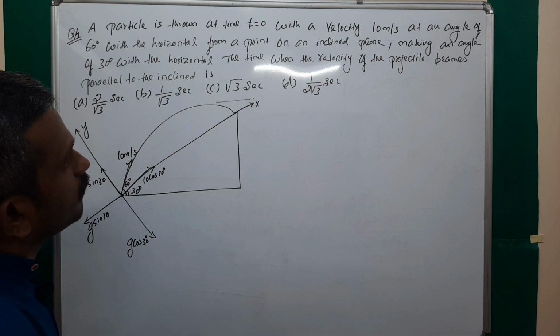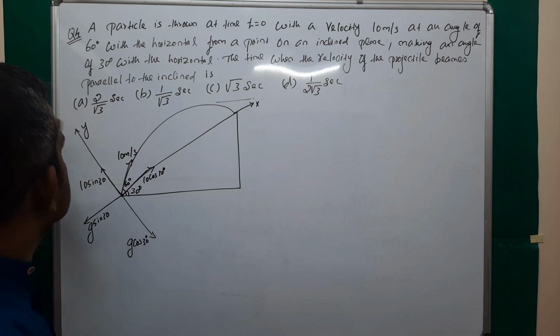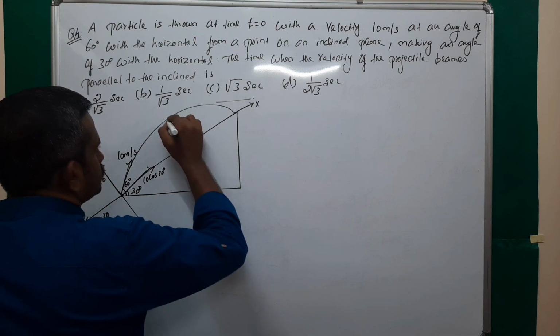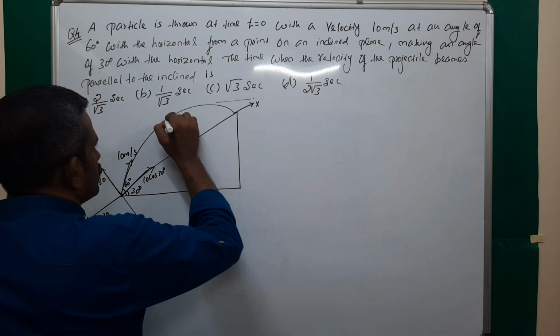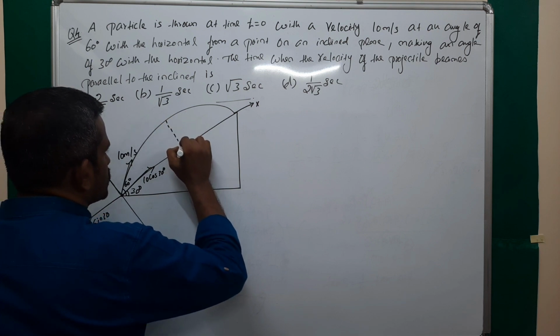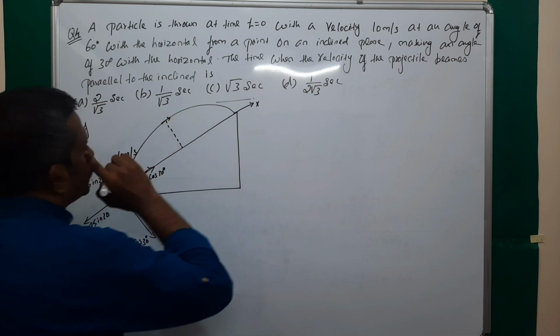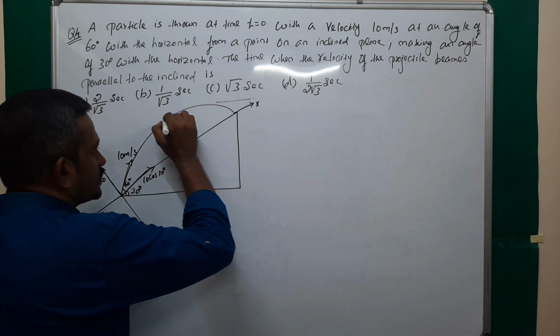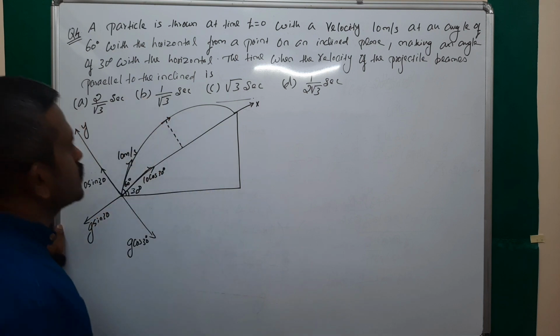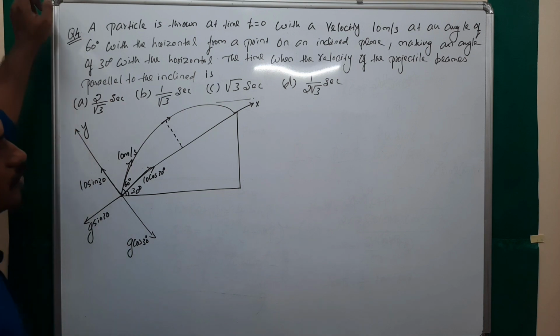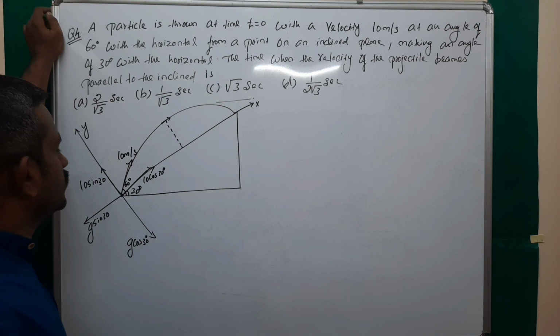So we have to find the time when the velocity of the projectile becomes parallel to the inclined plane. When it reaches the maximum height, at this point it has only horizontal velocity, and its vertical velocity becomes 0.